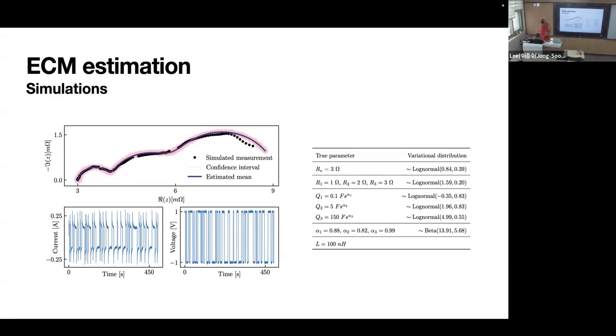On the right hand side in the table, you can see the parameters that we used. And the second column here are the initial values that we used. And now to answer your question, how did we come up with this?